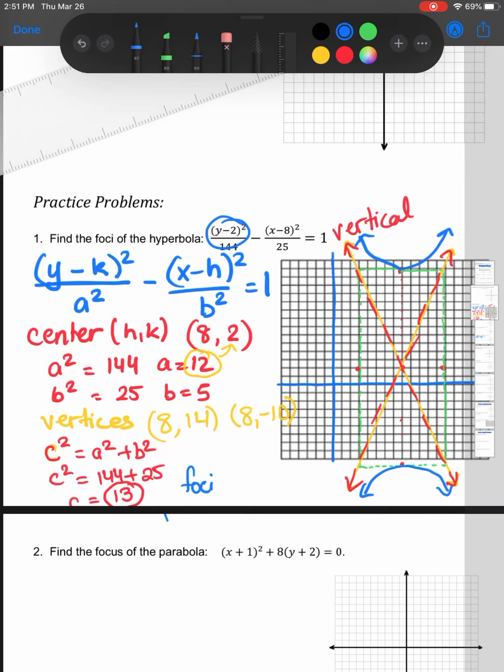So 8 comma 2 plus 13 is 15, and the other one would be 8 comma 2 minus 13, which is negative 11. So these are your two foci.